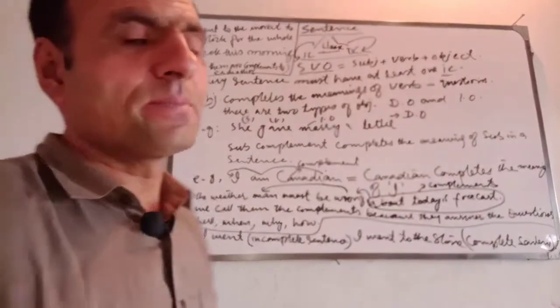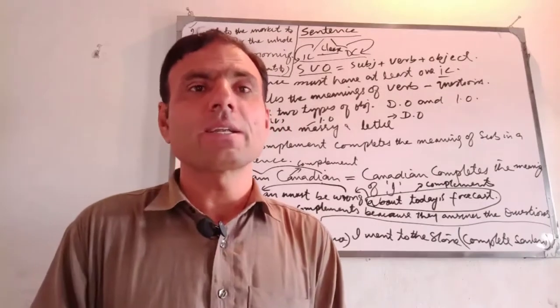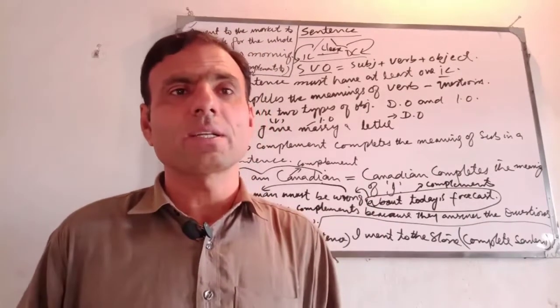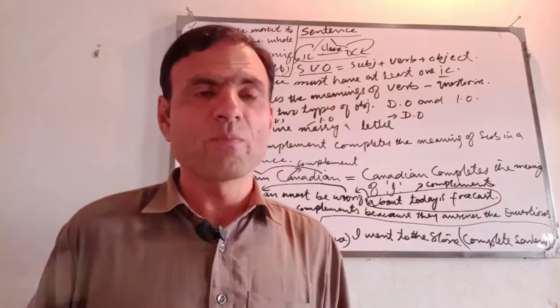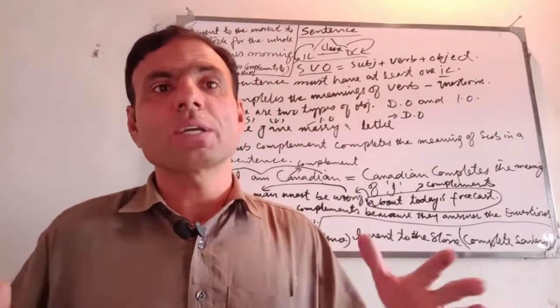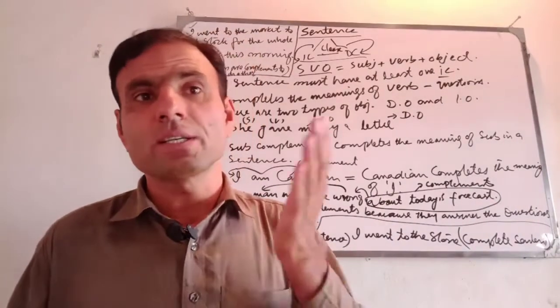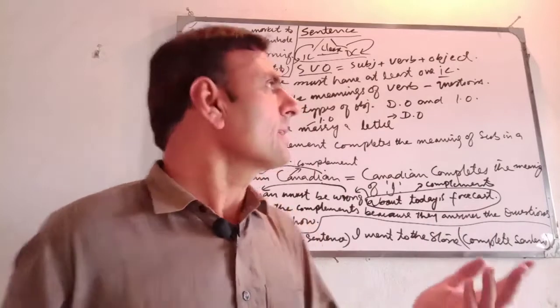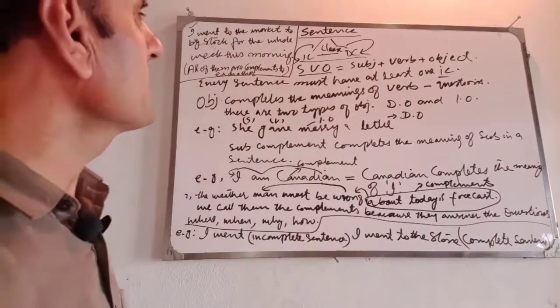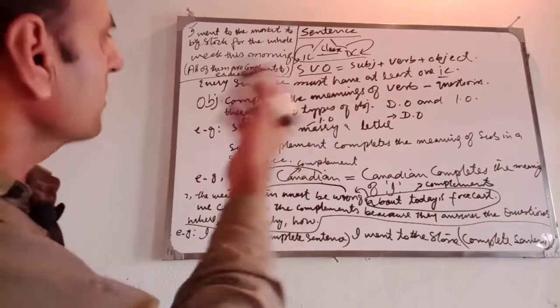And there are the main things in a sentence, SVO: subject, verb, object. The object has two kinds, the direct objects and the indirect objects. Now see here, subject, verb, object.